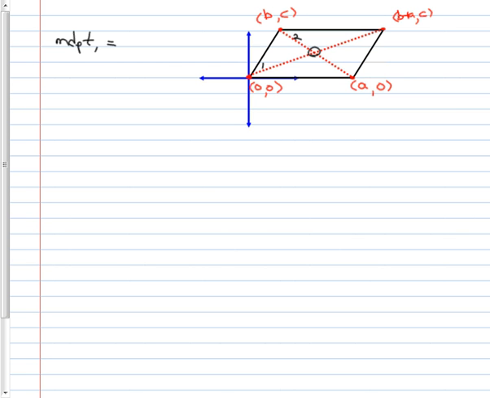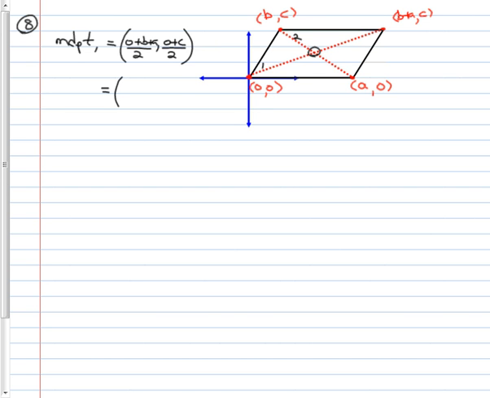All right, so if I'm going to find the midpoint of this diagonal 1, I'm going to add my x's, 0 plus b plus a divided by 2. And we'll add our y's, 0 plus c, and we'll divide by 2.